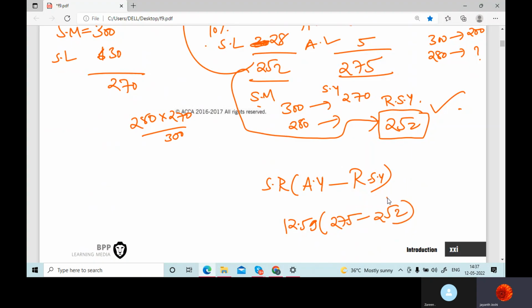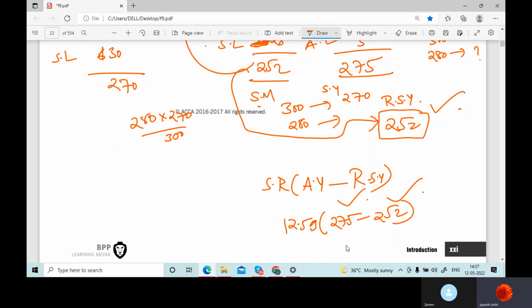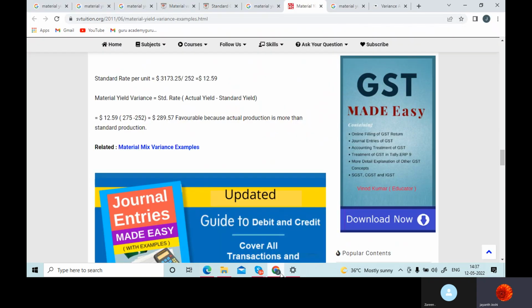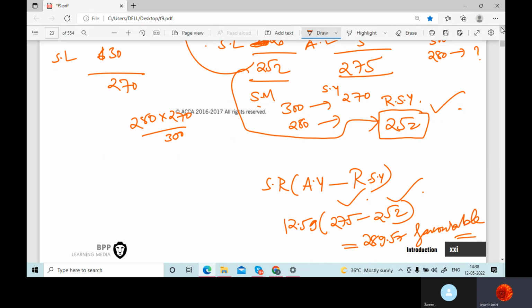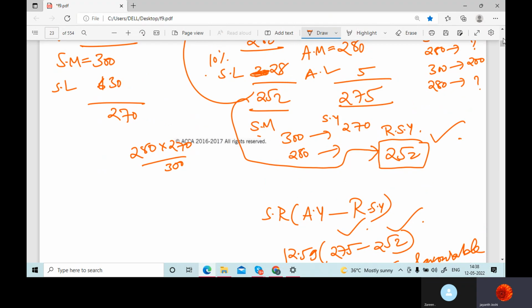The yield is more, so it will be favorable. The answer is 289.57 favorable. Just have a look at this. We are done with the yield variance also.